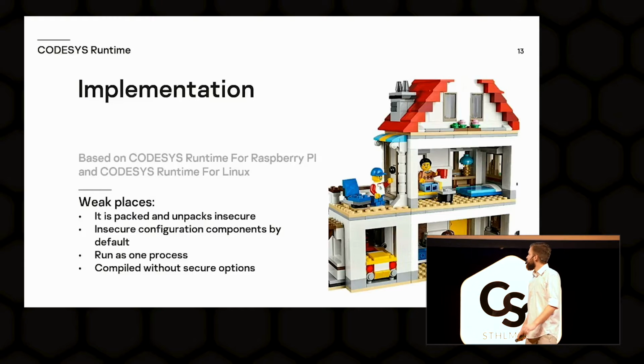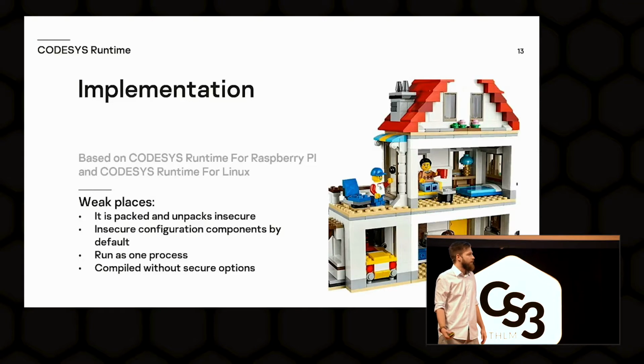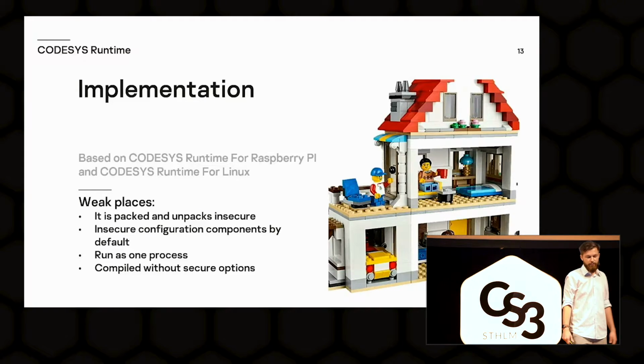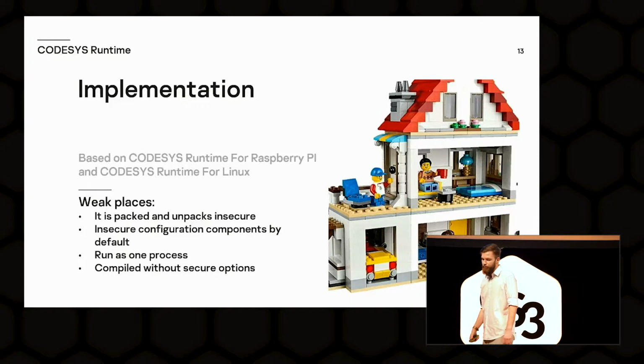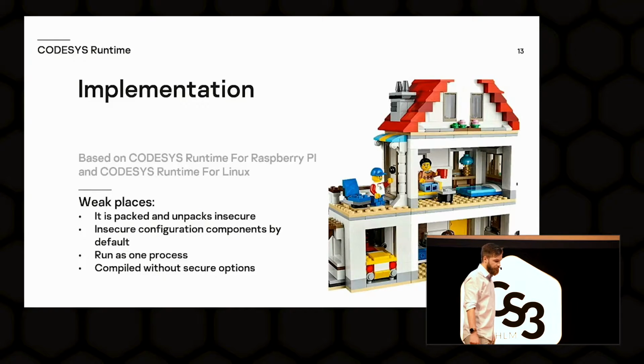And the second thing is that these two files were compiled without any additional security options like ASLR, DEP, SEH, and so on. So it is so easy to exploit a binary vulnerability in CODESYS if you find it.